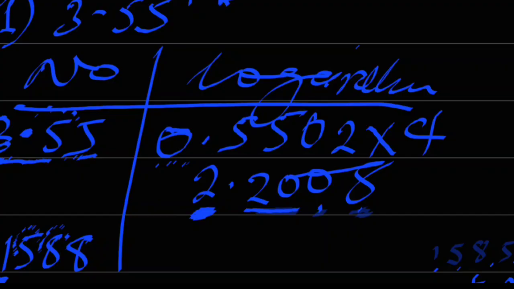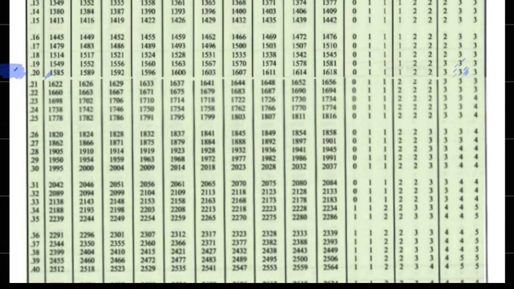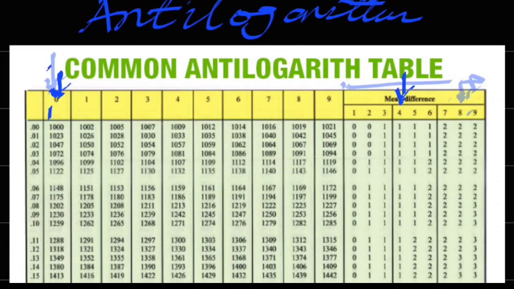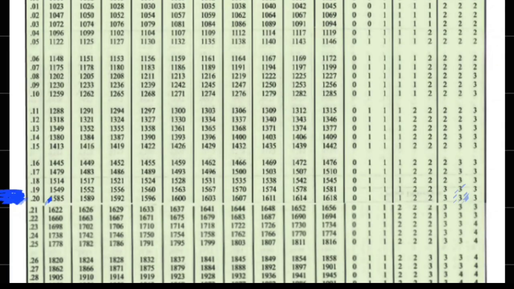This is 0.20 here. 0.20 under 0. Check it, you will see this value here.